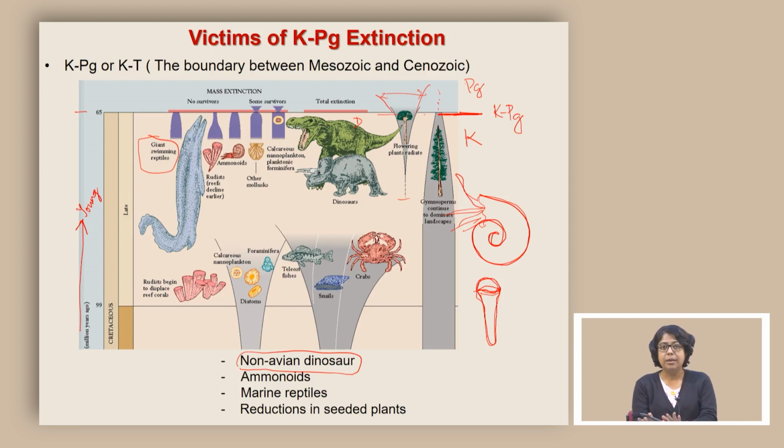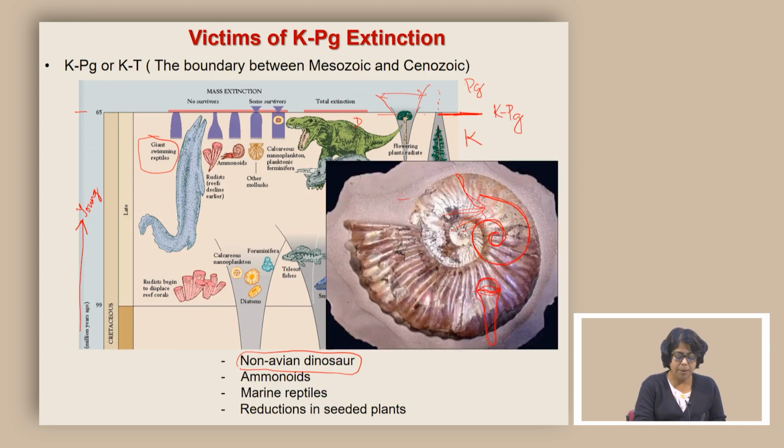So, there are things which are quite abundant and they went extinct. There are others which were not that abundant, they survived and then they started proliferating. One more important thing to remember is this is also a time where there were mammals. Those mammals were very small, but they did not go extinct and they continued beyond this point.